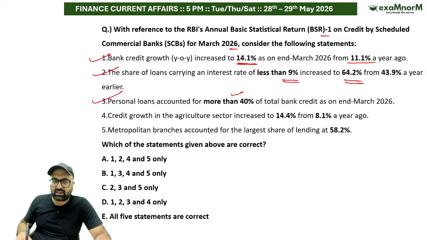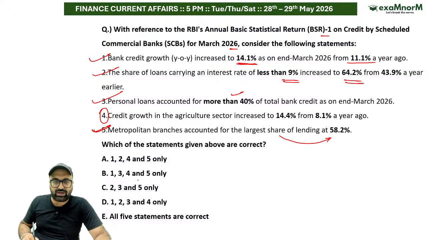That is correct. Credit growth in the agriculture sector, sir, we don't know. We don't know because we haven't learned the growths. So let's mark it a point of doubt and let's try whether we will be able to solve the question or not. Metropolitan branches accounted for the largest share of lending at 58.2%. This is correct.